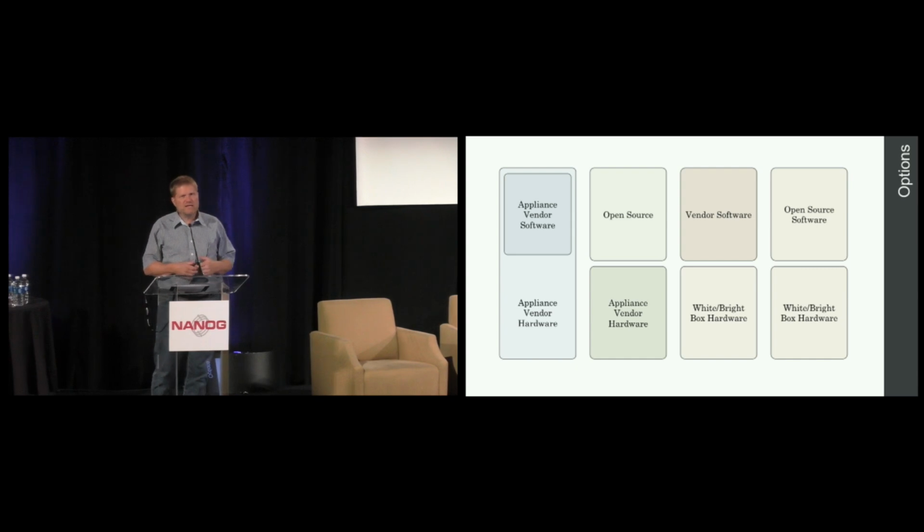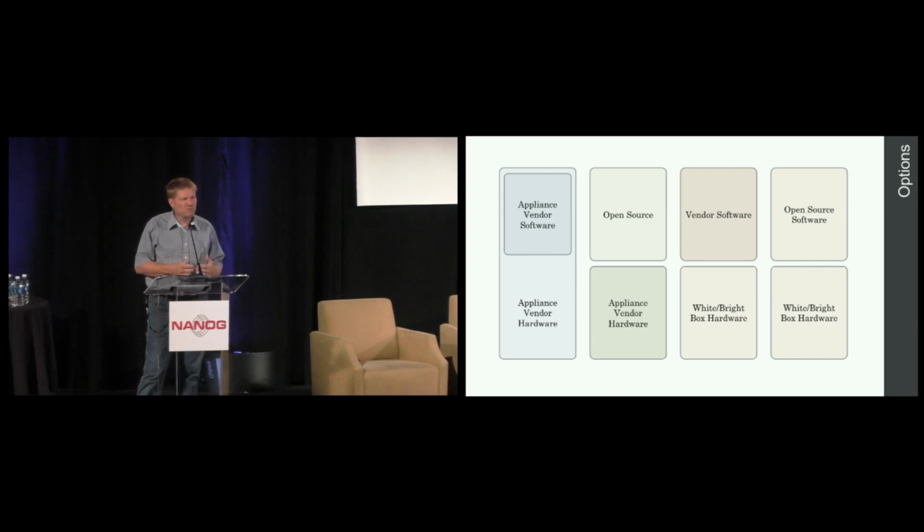On the other hand, you may say, my real concern is saving money on the hardware side, on the CapEx side. So I'm going to go to a vendor and buy my software, but I'm going to buy my hardware from whoever I might be able to buy it from. We can think of different models in the PC market that do the same sort of thing, right? I can buy a Dell or a Lenovo and run Windows on it, which is buying vendor software with theoretically white box or bright box hardware.